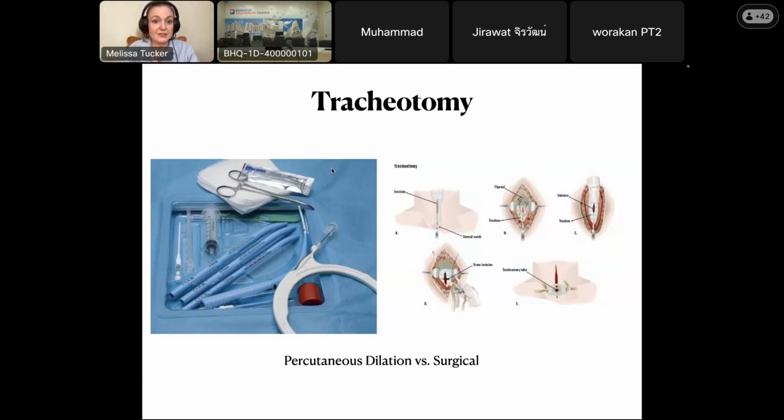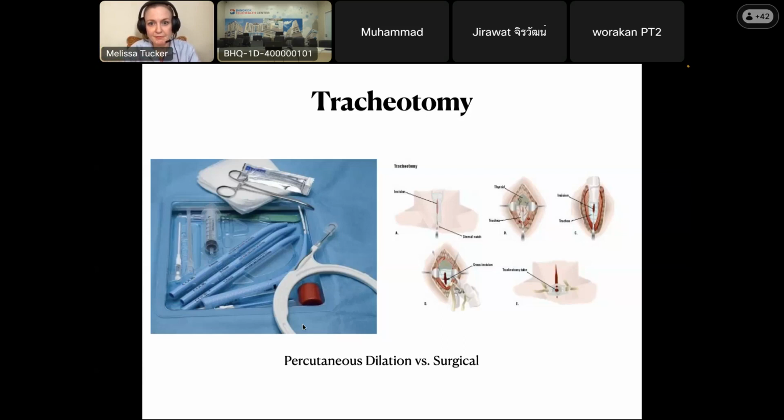The physician will create a small opening in the neck at the level just below the cricoid cartilage above the first tracheal ring, and they will use these progressively sized dilators to dilate the opening until the tracheostomy tube can be safely inserted. These patients tend to have fewer complications from the tracheotomy itself, but they also tend to be less complicated patients in the first place in some ways, at least as far as their upper airway anatomy.